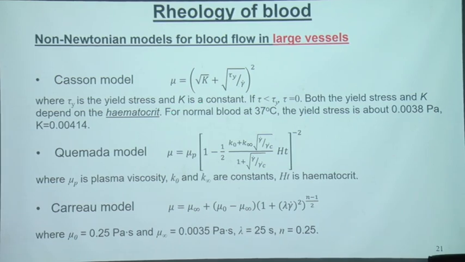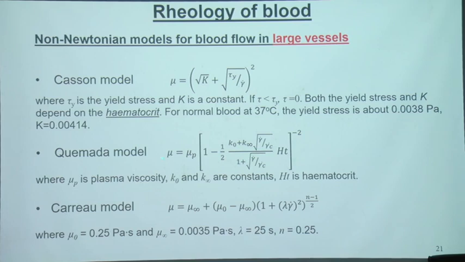So if you're going to build a mathematical or computational model to solve the blood flow in the cardiovascular system, you can choose any of these models to describe the blood behavior. There are also different variants of the Casson model.